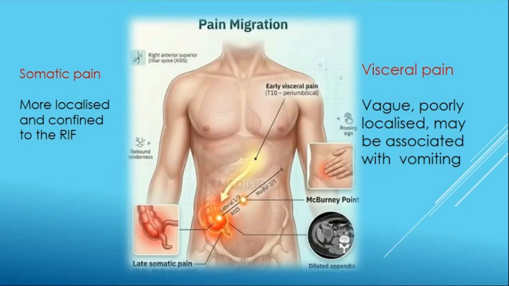Being a midgut structure, especially the first pain, that is a visceral pain, will be reflected at the periumbilical region. You know, at the beginning there will be a spasm of the appendicular wall muscles, and there will be distension. With all these things, the nerve fibers will be triggered, and that pain will be represented at the periumbilical region.